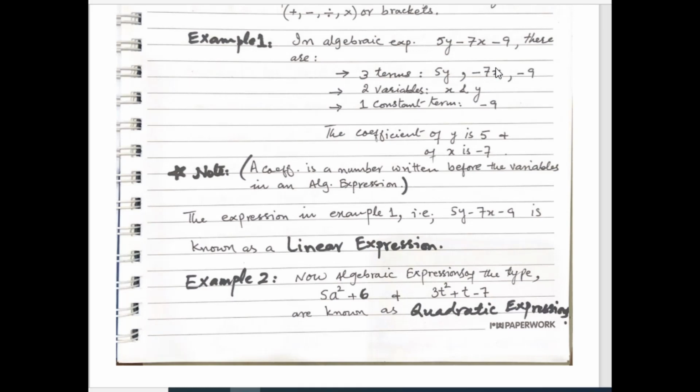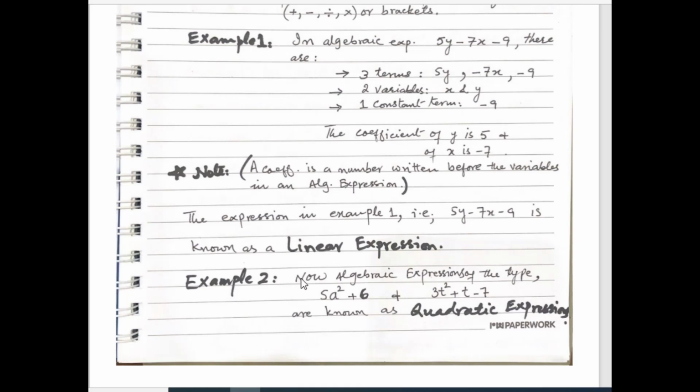When there is no power on the variables, their power is understood to be 1. And when there is no sign with the coefficient, its sign is plus. These are a few things which are understood in mathematics. This is a linear expression because it involves no powers on the variables.